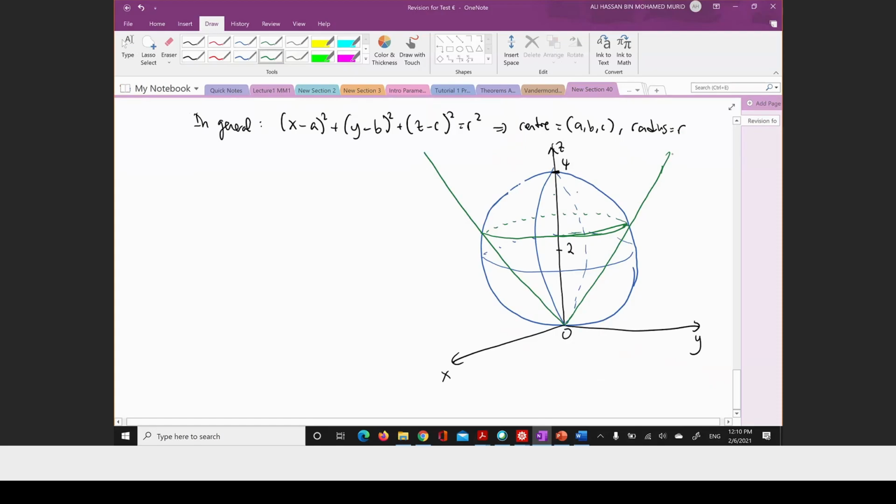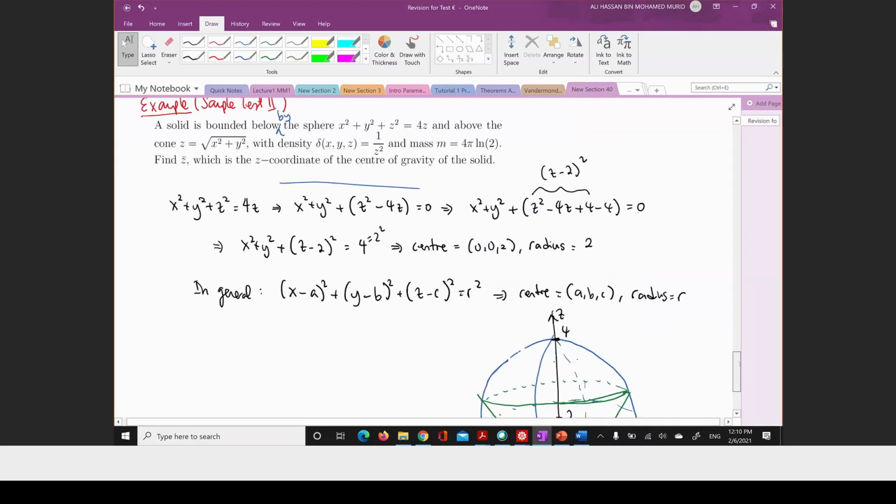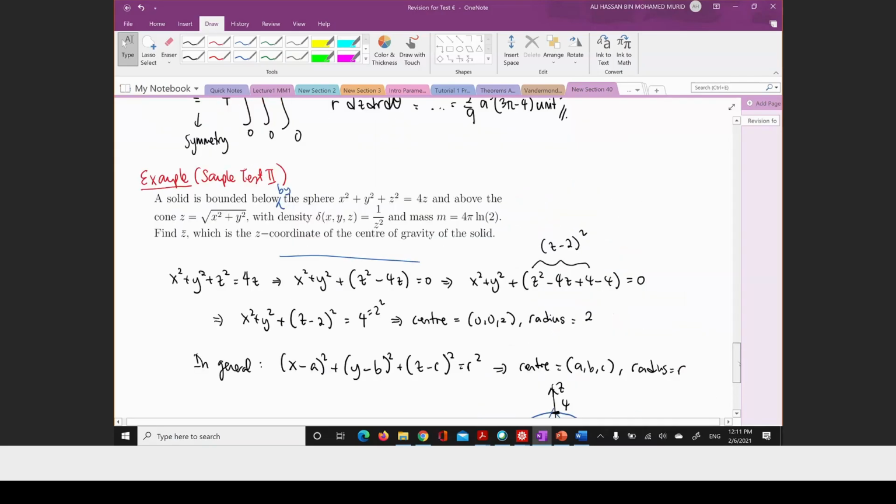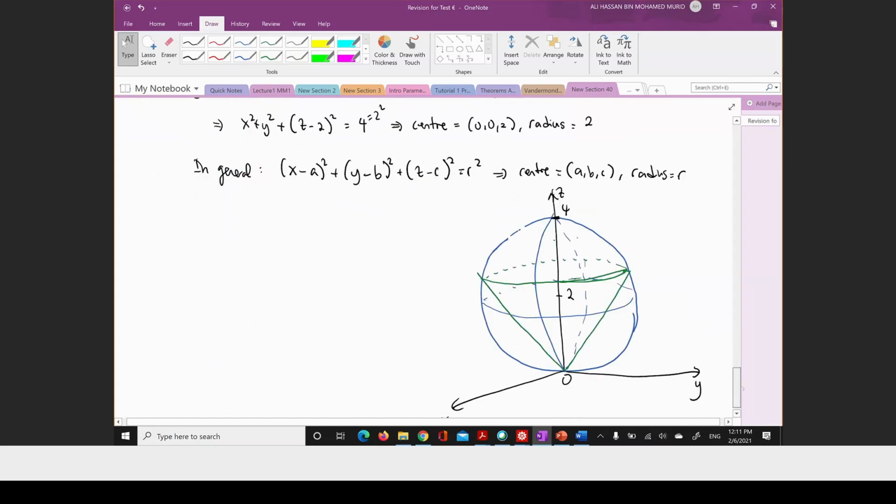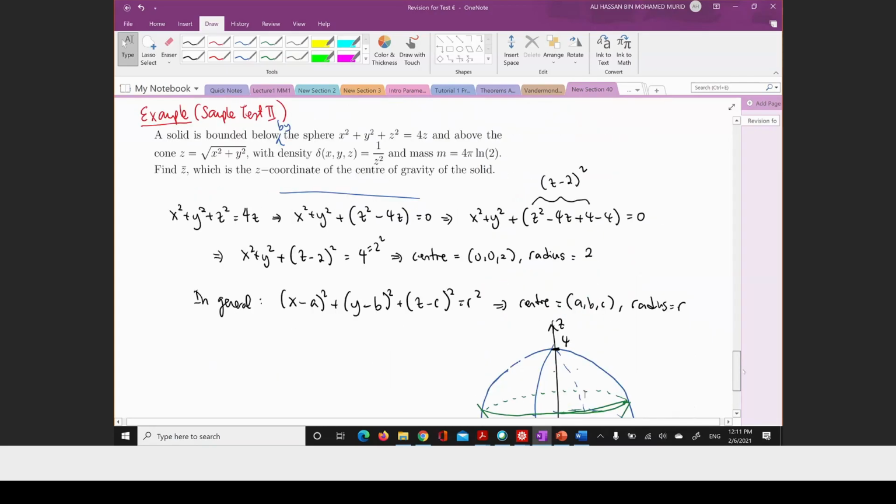Okay, I can remove this extra line. So what is the shape of this object G? You can read the question again. Bounded below by the sphere. It is not an ice cream cone, right? Because bounded below by the sphere, it's not bounded above by the sphere and bounded below by the cone.